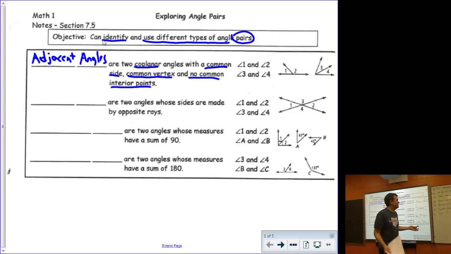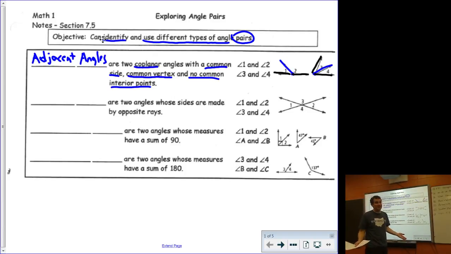Adjacent really just means next to. So they share a common side, and they share the same vertex, but then they don't overlap at all, and the other 2 sides go in opposite directions. That is adjacent angles, angles that sit next to each other and share a common side.